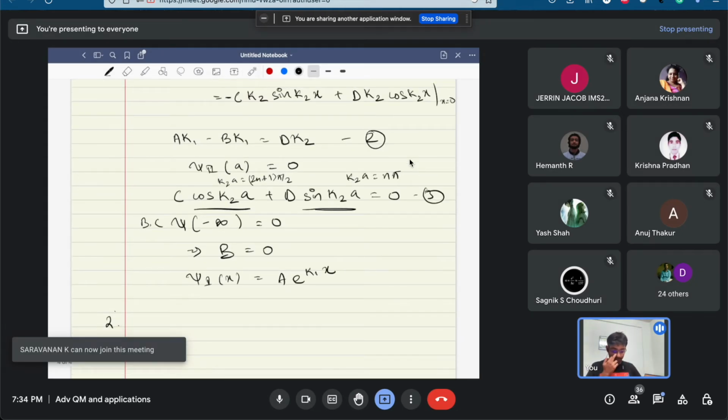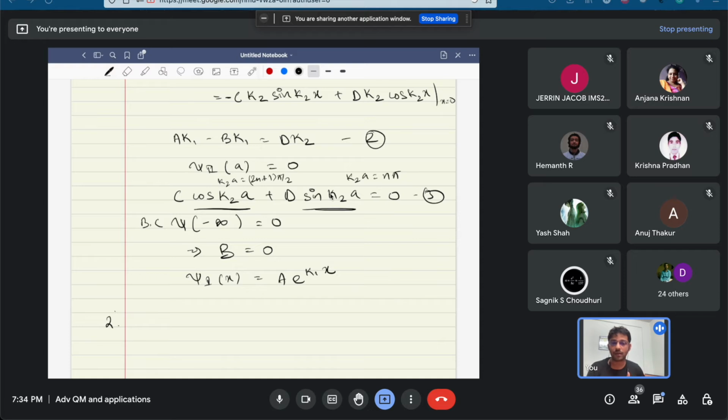So for C and D, what I meant was that you have the boundary condition C cos k2a plus D sin k2a equal to 0. Now, in a case like this, there is not just a single solution. There is no unique solution.